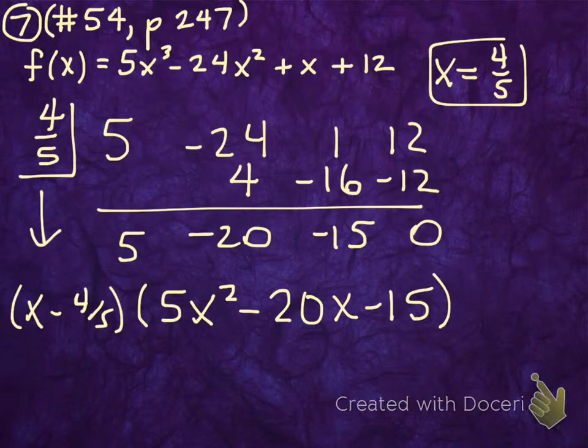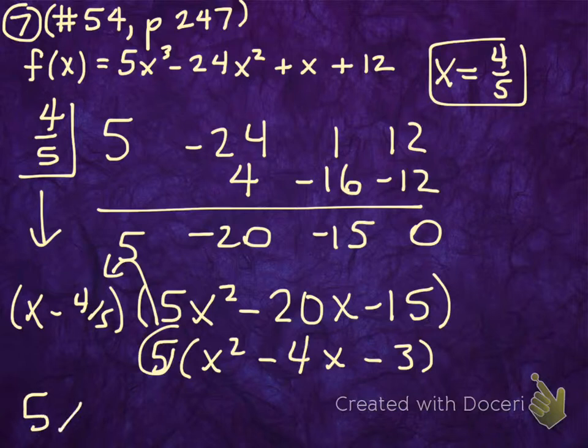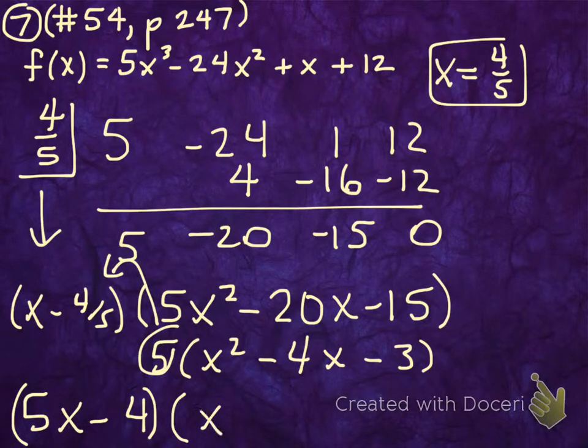Well, that's screaming at me to factor out a 5, so let's do that. If I take a 5 out of this trinomial, it becomes 5x squared minus 4x minus 3. And then I can distribute this 5 back into this other factor and get rid of my fraction. So I have 5x minus 4 times x squared minus 4x minus 3.